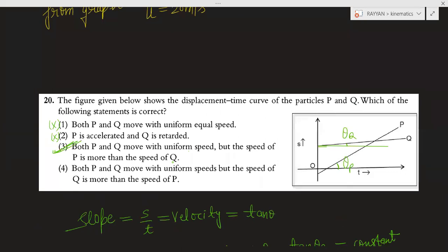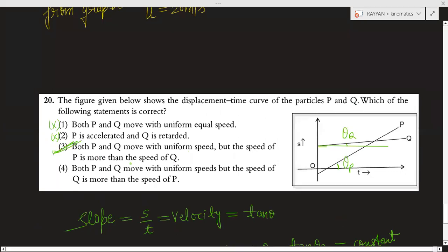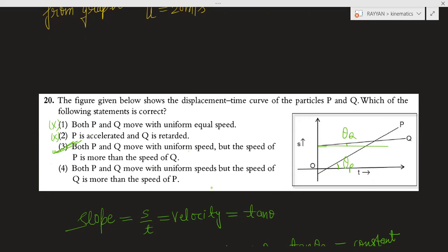Why is the speed of P more than that of Q? Because the slope is greater for P.